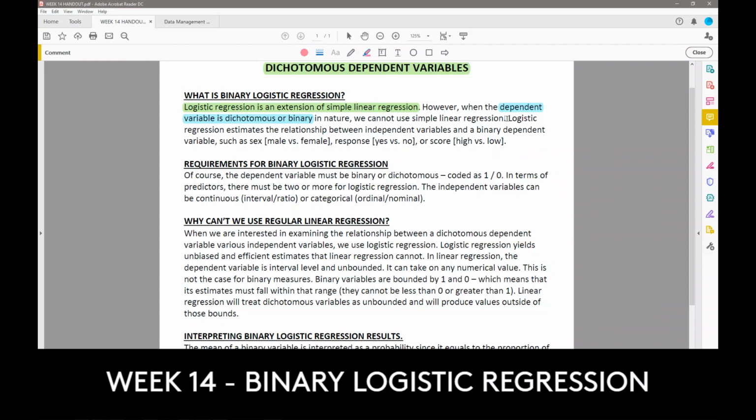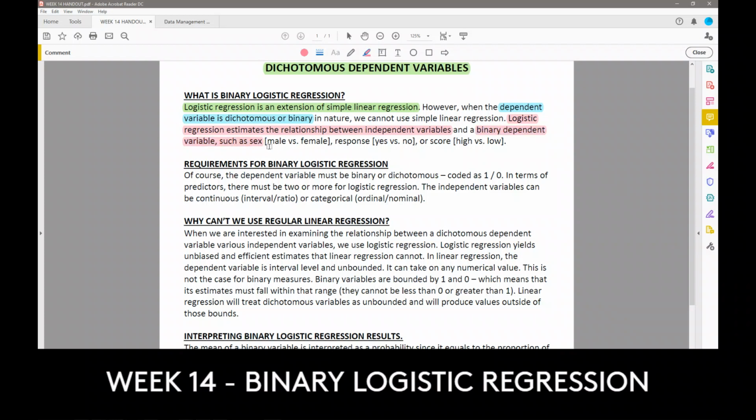So logistic regression in particular looks at the relationship between independent variables, multiple independent variables. They can be any type of independent variable, categorical or continuous, and a binary dependent variable.